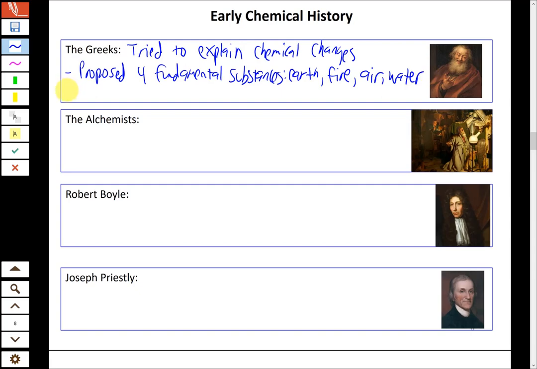But what's really interesting about the Greeks, even though they knew nothing about this or had no real way of experimenting on it, is that they were the first to propose atoms as fundamental particles.